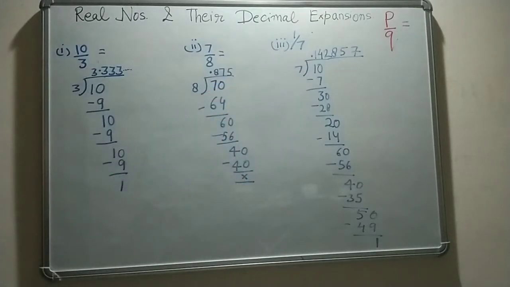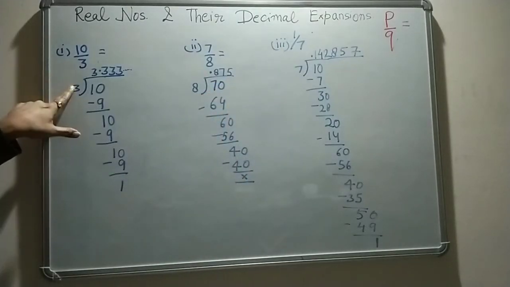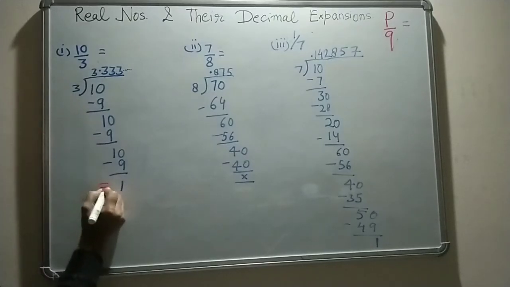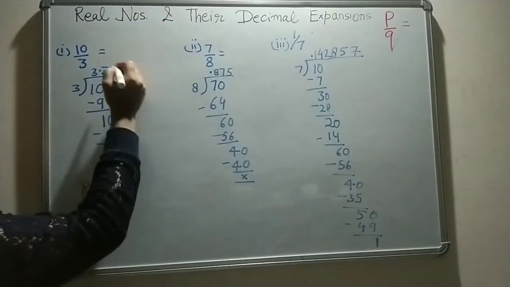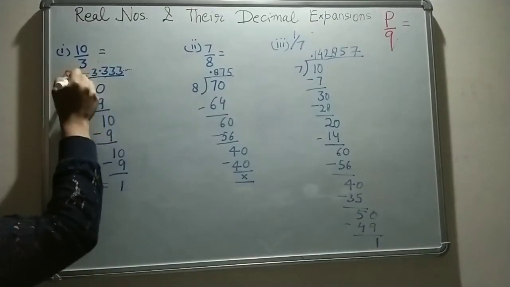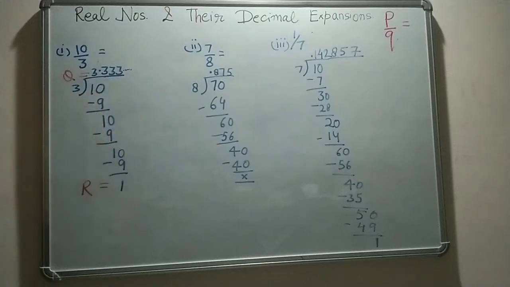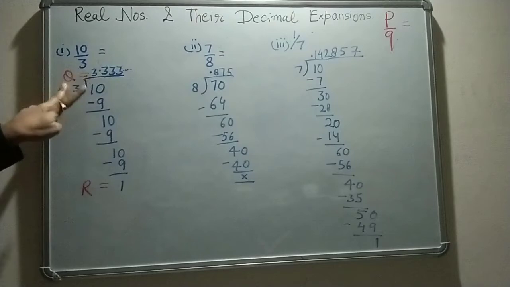When we divide 10 by 3, we get 1 as a remainder and the quotient 3.33333, going on to infinity.